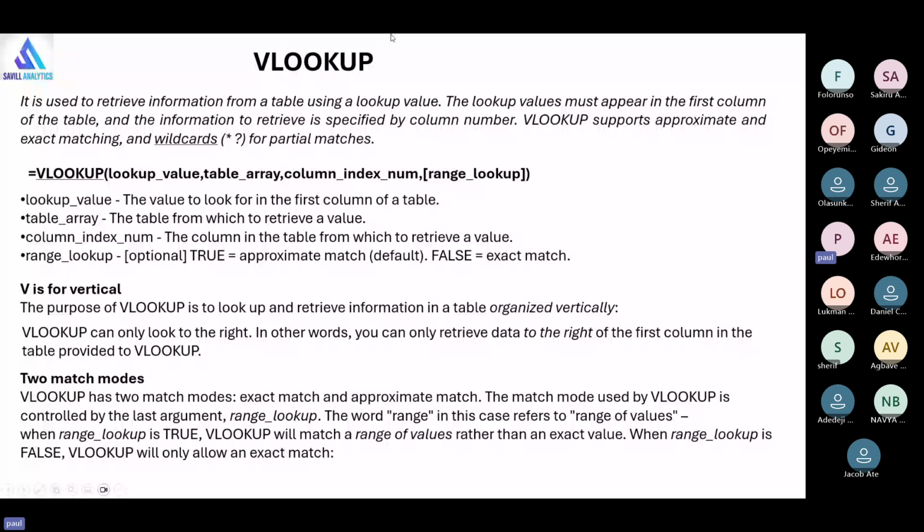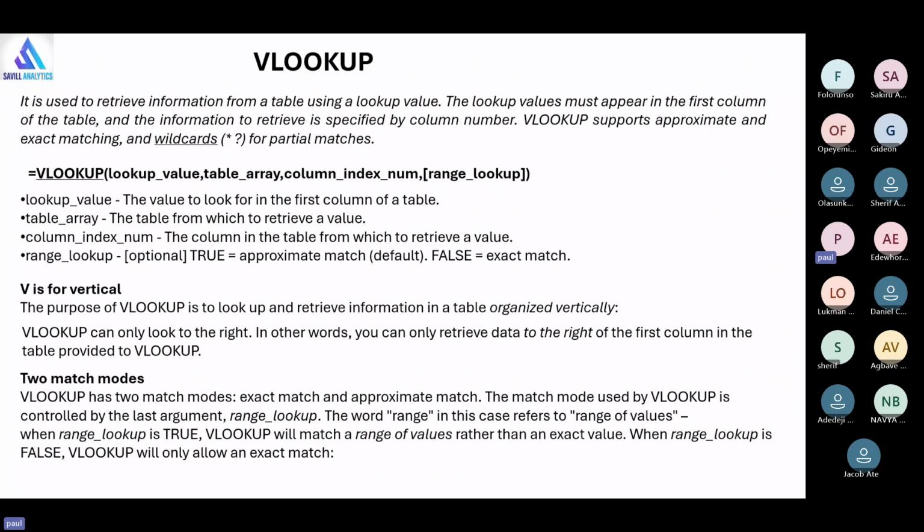But the column index number comes in and says, okay, which particular column is the one that you want to return? Date of purchase. You start counting your date of purchase from the beginning, from where your lookup value and your table array intersect. Remember I told you that if what you are looking for is in sheet 1 and what you want to return is from sheet 5, you need something that will connect the two sheets together.